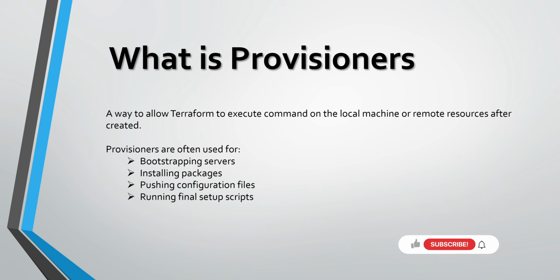And this is why many people get confused between Terraform and Ansible. Some people think both are configuration tools, but actually Terraform is the provisioning tool and Ansible is the configuration tool.